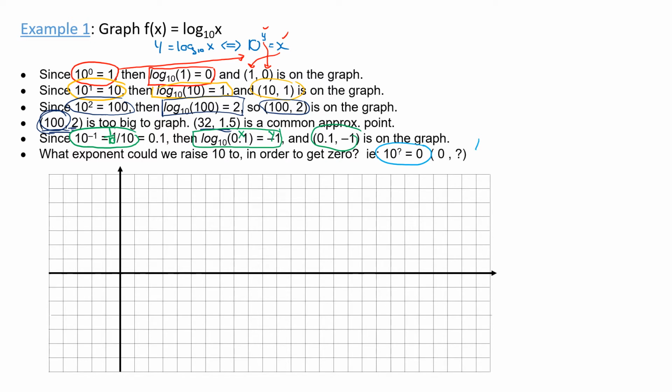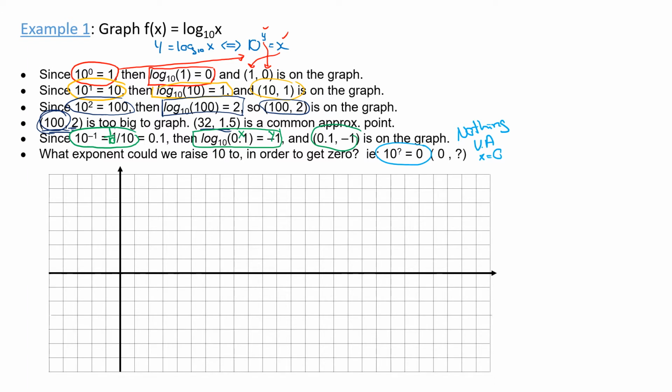I hope not, because the answer is nothing. There's nothing that you can raise 10 to that will give you 0. Therefore, we have a vertical asymptote at x equals 0 because there is no value of x that will work here.